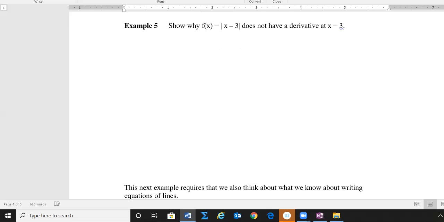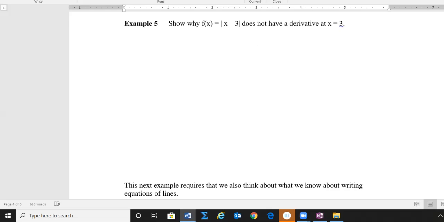Okay, now example 5 says show why this does not have a derivative at x equals 3. Well, again, you start with your two-sided derivative. In other words, the limit as x approaches 3 of f of x minus f of 3 over x minus 3.